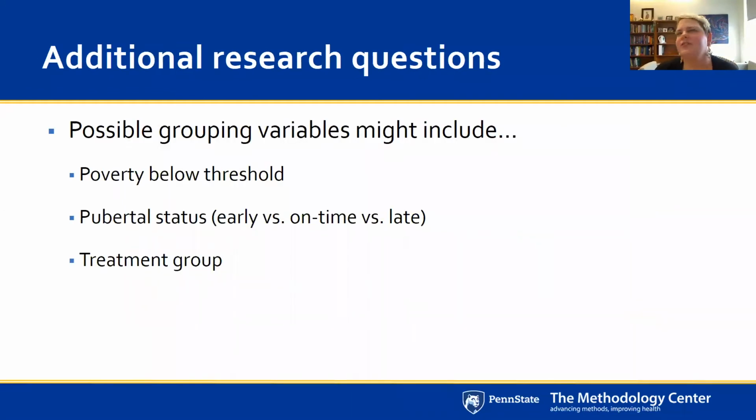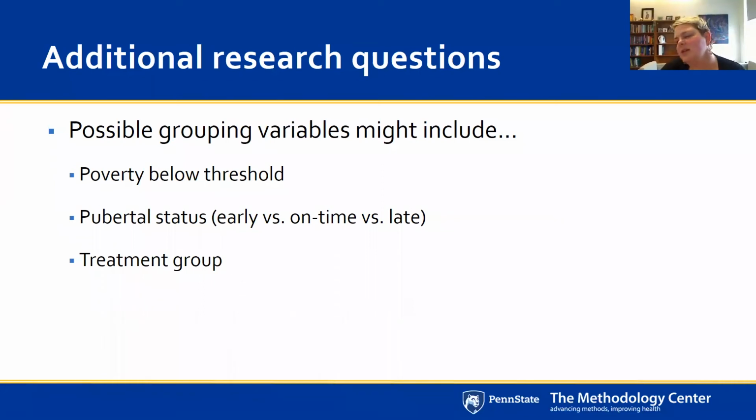So if you're interested in questions like this, you could think of any number of grouping variables. In this example, we might be interested in whether or not people are living below the poverty threshold. Pubertal status might be particularly interesting if our sample was a little bit younger, or even at this age too, about onset for sex. So whether you're early versus on time versus late in terms of your pubertal status.